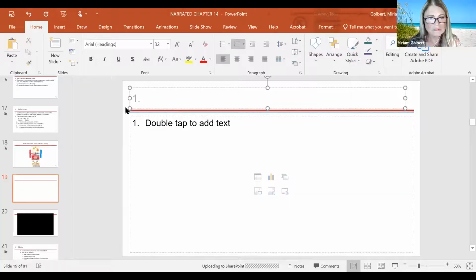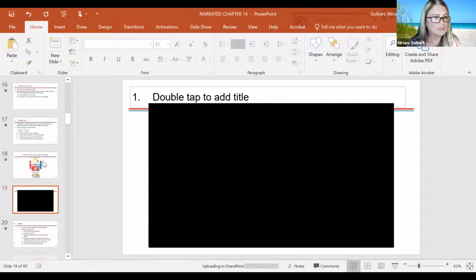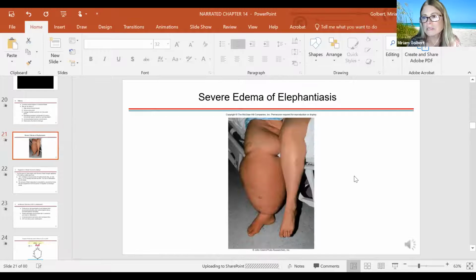Let me see. I think that this should be cut out. So you've all seen this picture where lymphatic vessels are blocked by a parasite. We don't see these types of conditions in our country. This is mostly in underdeveloped countries where there's still a lot of parasitic infections.